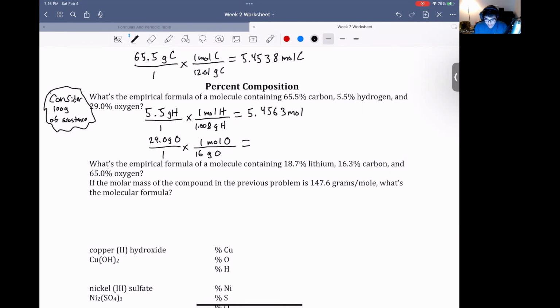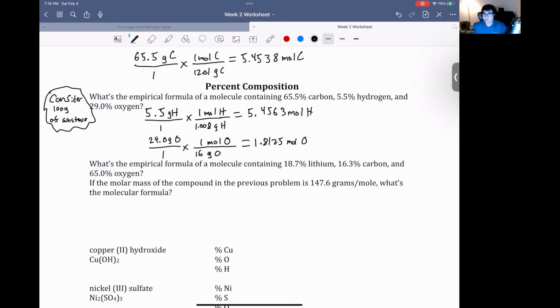So we divide 29.0 by 16, and we should end up getting 1.8125 moles of oxygen. Now this is not really useful. What this is telling you is for every 5.4538 moles of carbon, you have 5.4563 moles of hydrogen and 1.8125 moles of oxygen.